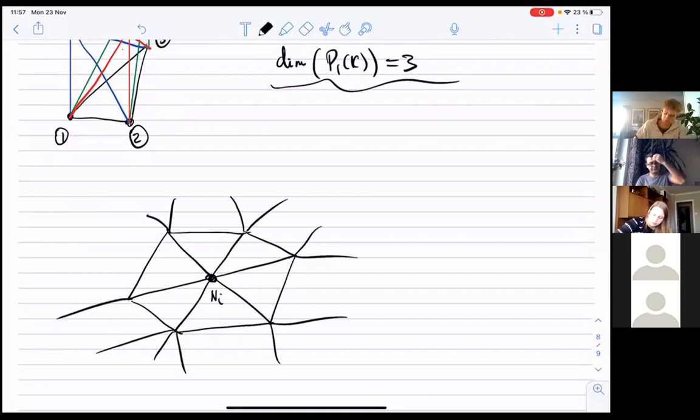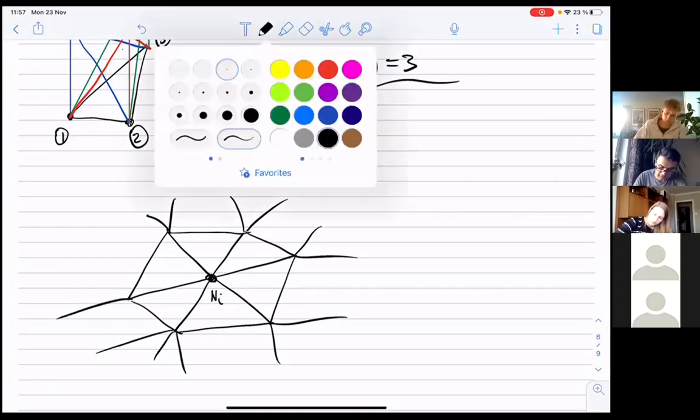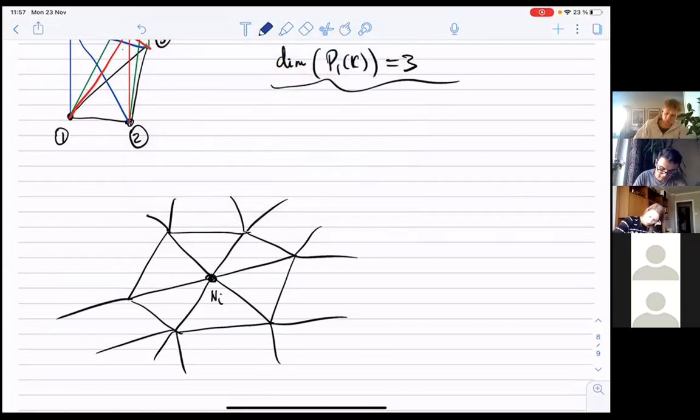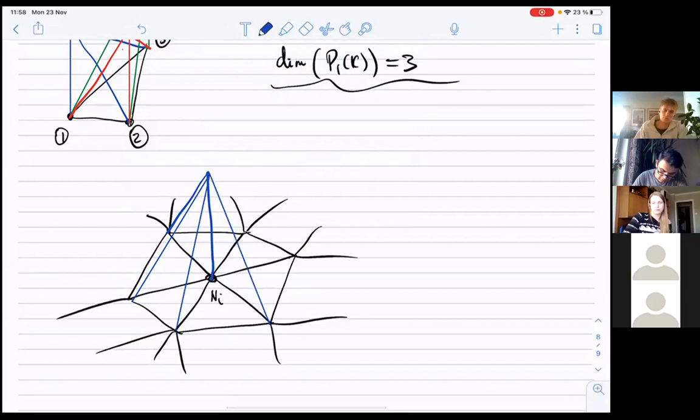Could be like that. And using the same definition, we construct a basis function to be 1 here, like this, and 0 otherwise. Okay, so this is phi I of x.